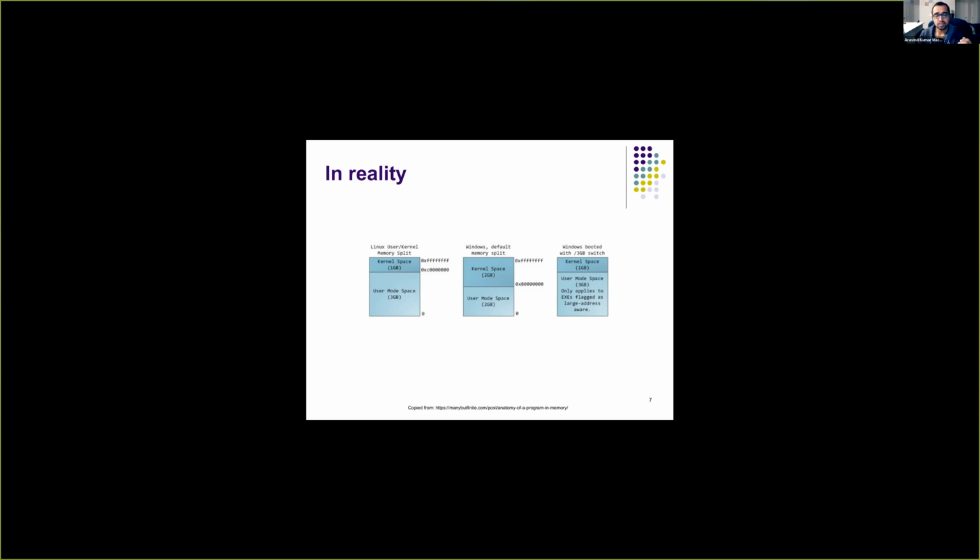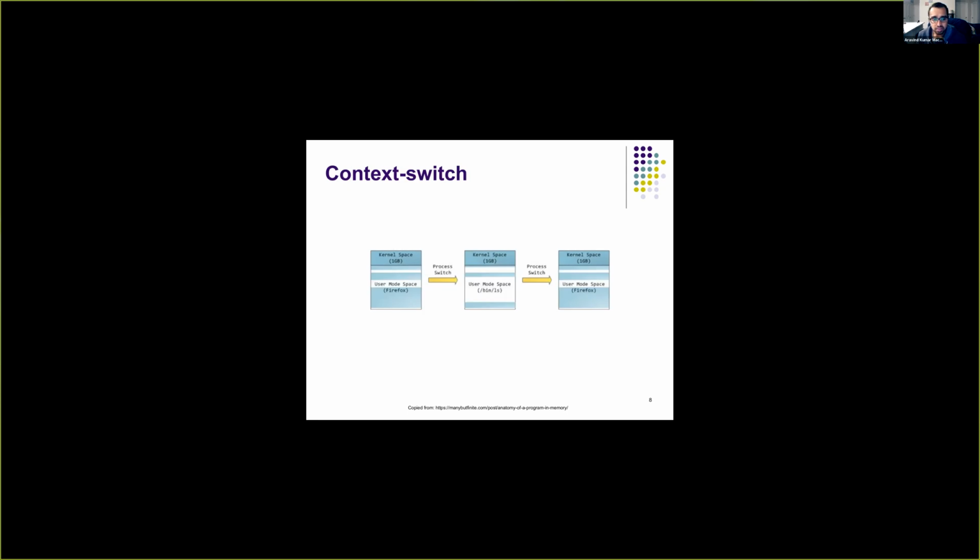For instance, for every process, the top 1 GB is mapped to the kernel. So when a context switch happens, we just change the page table entries that belong to the bottom 3 GB, and we do not change the page table entries of the top 1 GB, because the top 1 GB of every process is mapped to the kernel. Whenever a process makes a system call, we just change the virtual address to the code that belongs to the top 1 GB, and we just change the mode.